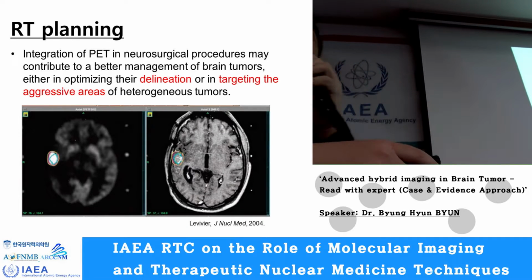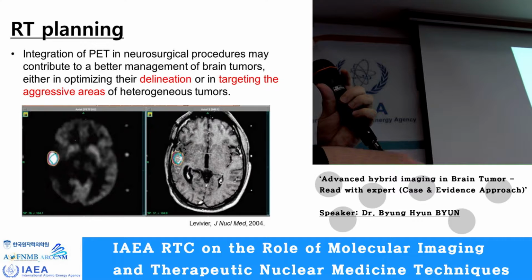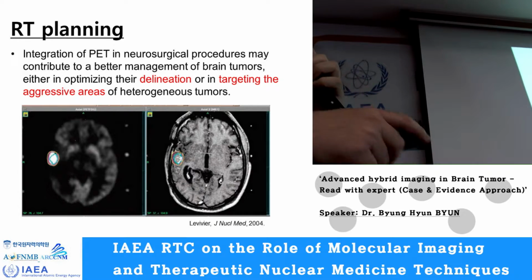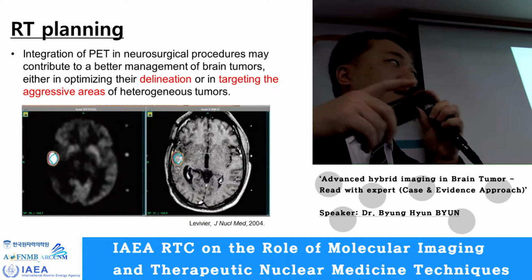As you can see in the left image, this is an FDG brain PET. You can see a hypermetabolic lesion here, the tumorous region, and you can draw the region of interest according to the metabolic activity.